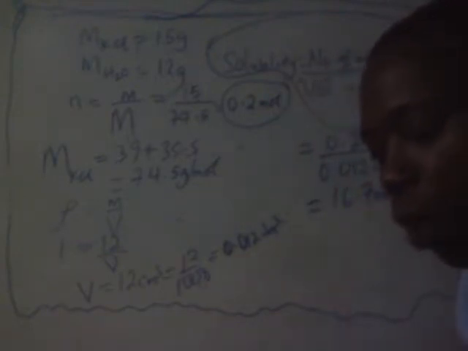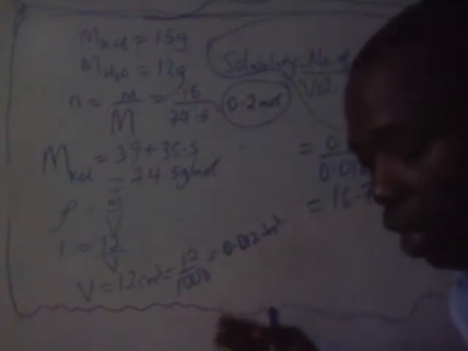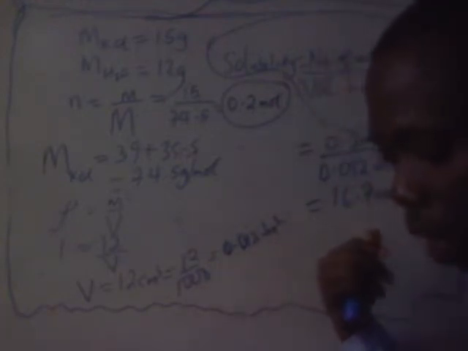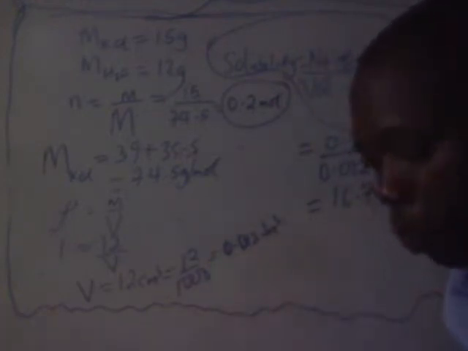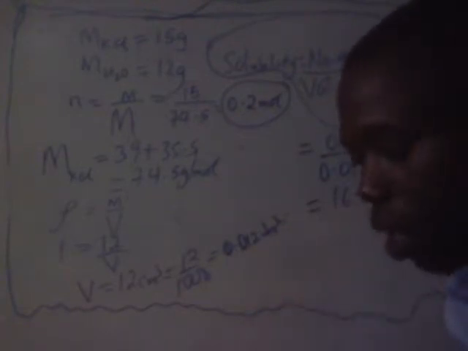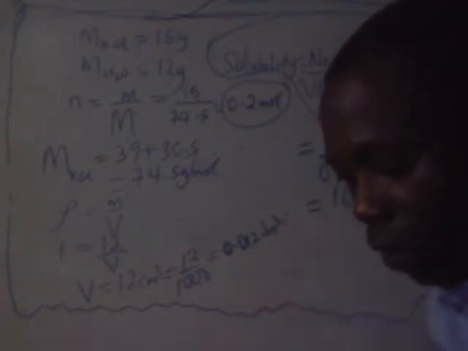You can see that our correct option is 16.8. 16.8 and 16.7, it's just due to my approximation. When I was approximating, that was why we have 16.7. So 16.8 mole per dm cube. So our option C is the correct answer for number 3.